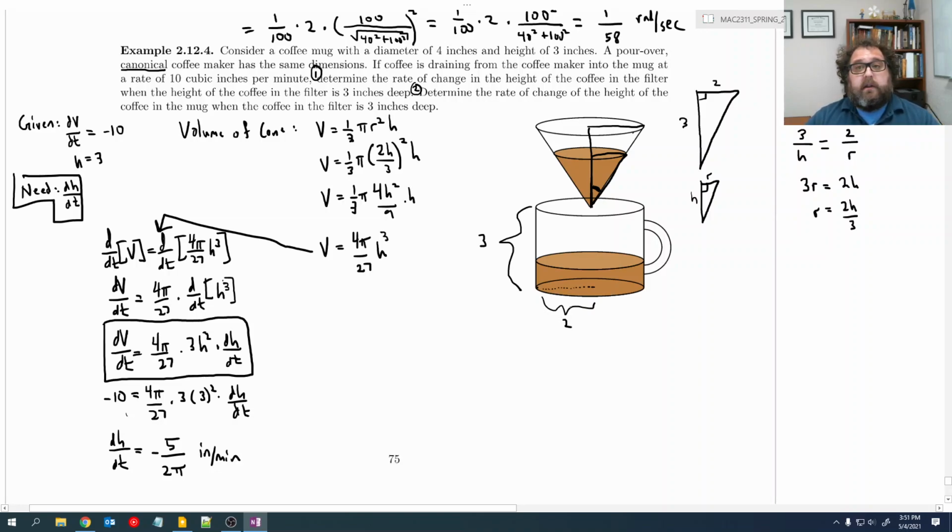Now, coffee is draining from the filter into the coffee mug and making the level in the coffee mug rise. So we determine the rate of change of the height in the coffee mug when the coffee in the filter is 3 inches deep. So we're talking about the coffee level in the mug rising.